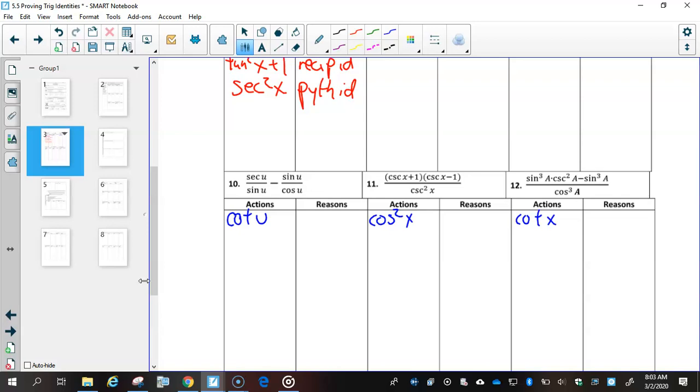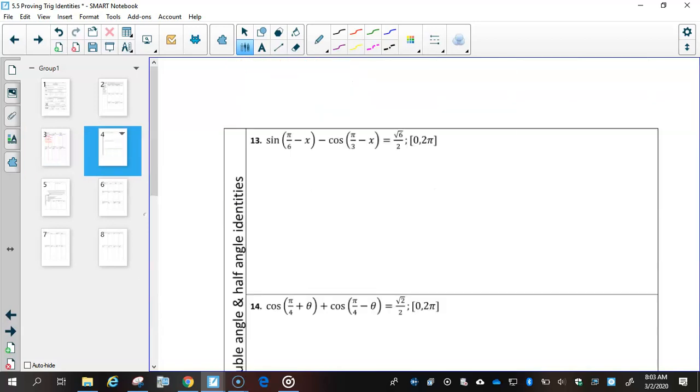You could try and work to that end goal. Yes. I do want you to find 13 wherever that is in your packet. Again, yours printed off a little wonky, so the boxes should have been extended. You could just continue writing. So we're going to take a break from simplifying and kind of go back to solving, but using our more recent identities.